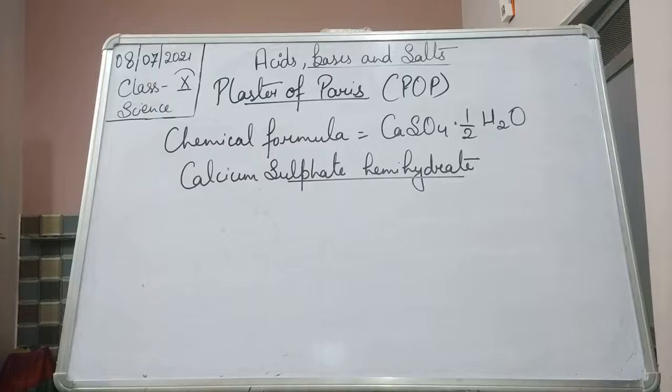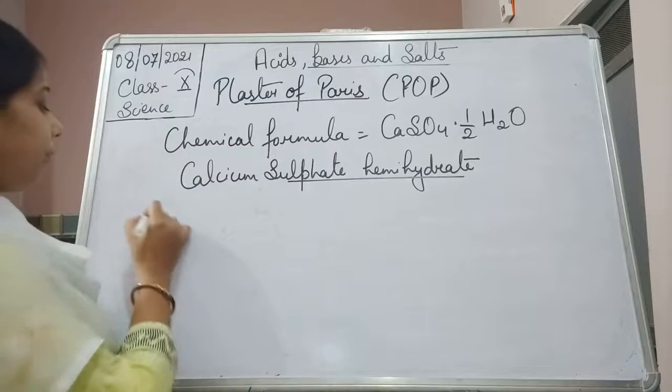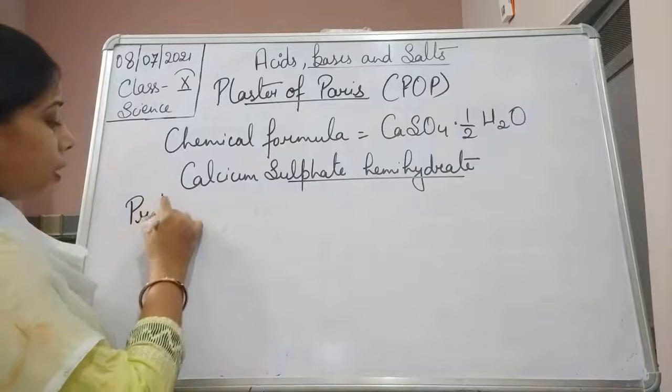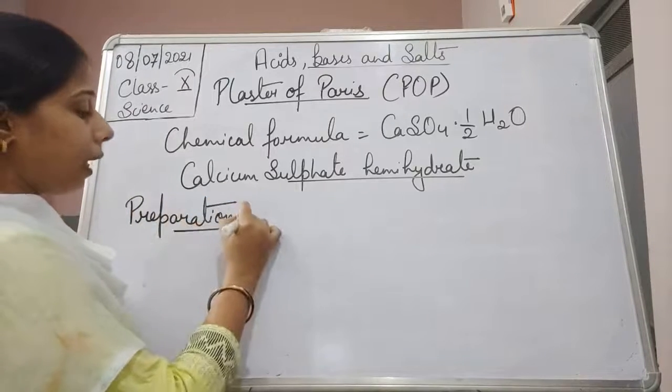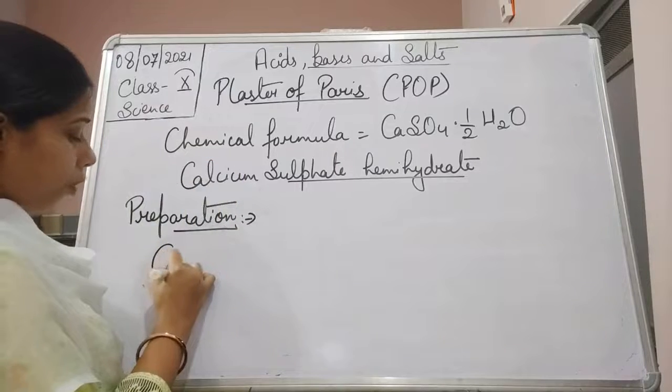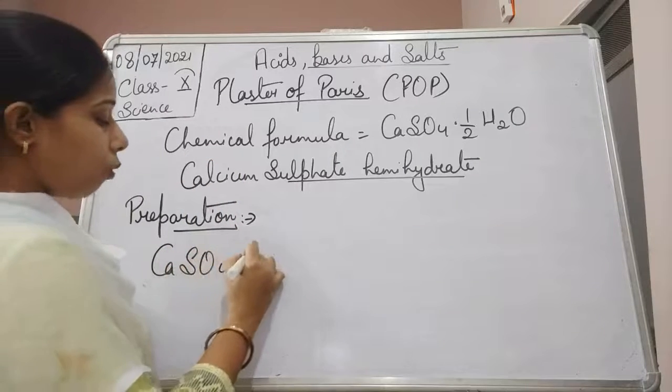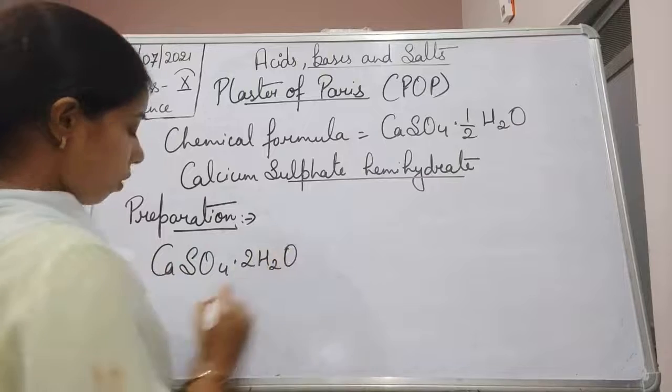Now how is it prepared? Basically it is prepared with the help of gypsum. Gypsum is calcium sulfate dihydrate, CaSO4.2H2O.